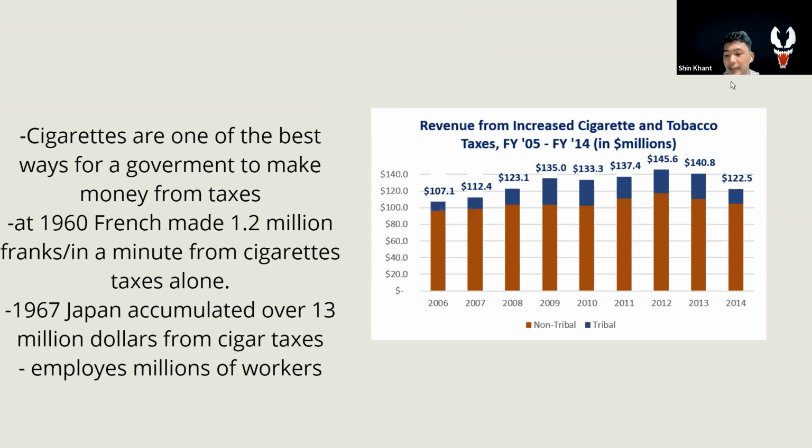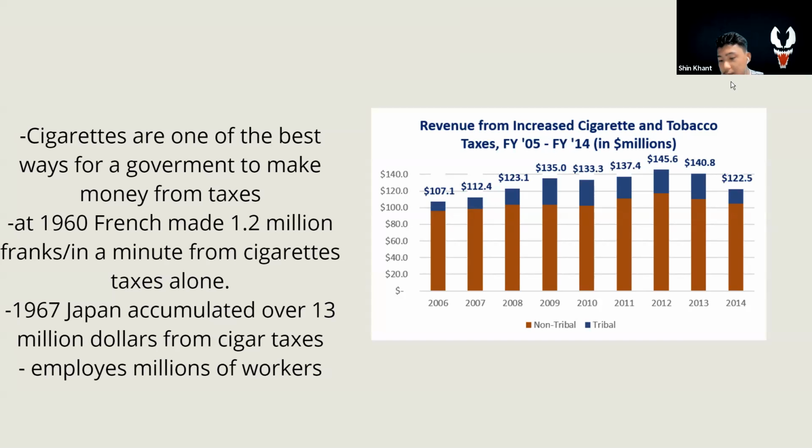We would expect the government to significantly reduce cigarette production and consumption by restructuring cigarette factories. In 1960, France made 1.2 million francs a minute from cigarettes alone.